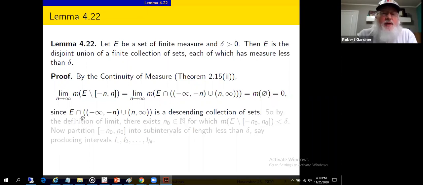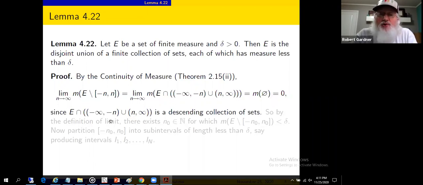One thing, when n approaches infinity, this interval will approach the whole real line. This will approach the empty set, and the intersection will approach the empty set. So what we have is a descending sequence of sets.